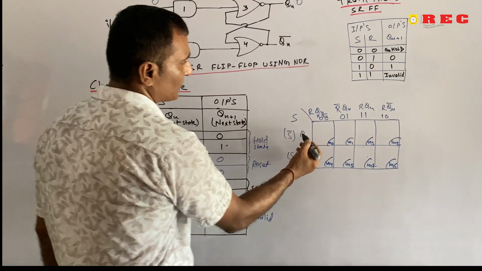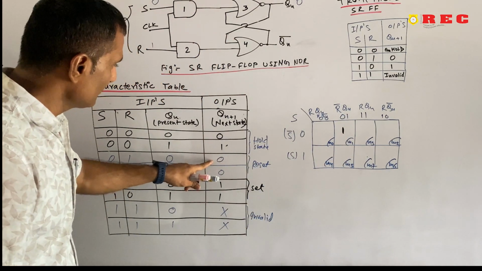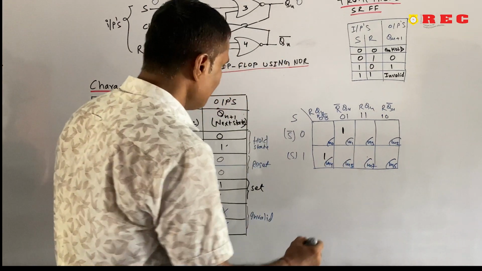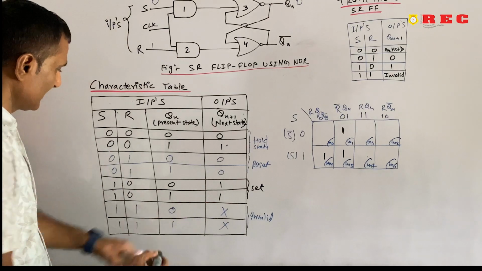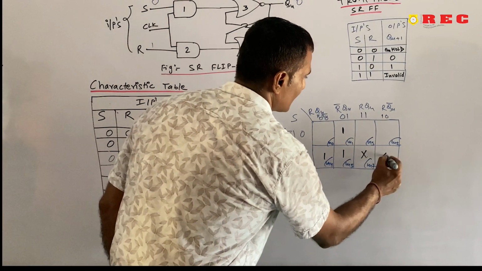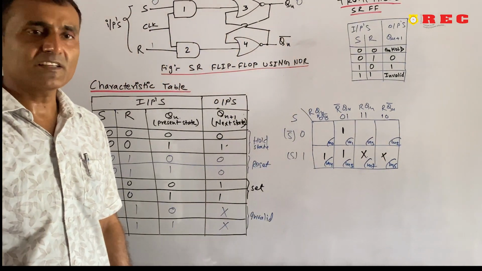So the number 1, 0, 0, 1, here is the 1. Next, number 4, here is the 1. Number 5, it is the 1. And 6 and 7, you will see here, this is 1, 1, 0 is 6 and 7. This is the don't care condition, and we already marked it with X marks.